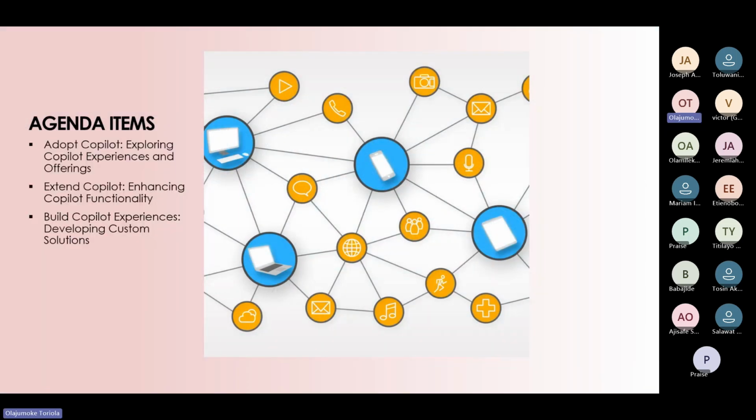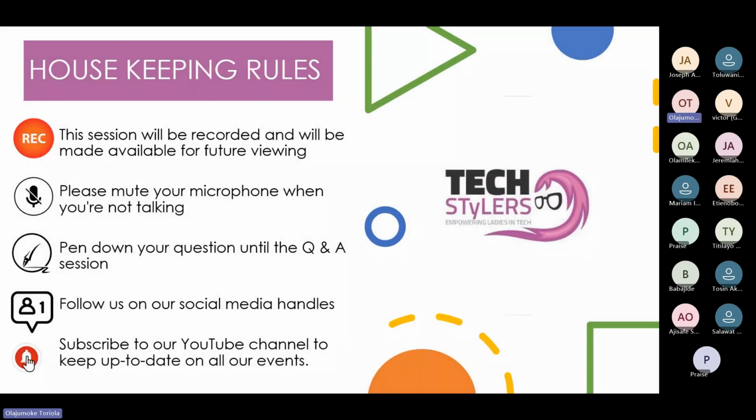Our agenda is that we'll begin by examining the different Copilot offerings available across the Microsoft ecosystem. Then we will discuss how to extend the functionality of Copilot through various tools and integration. Finally, we will explore methods for building custom Copilot experiences tailored to specific business needs.